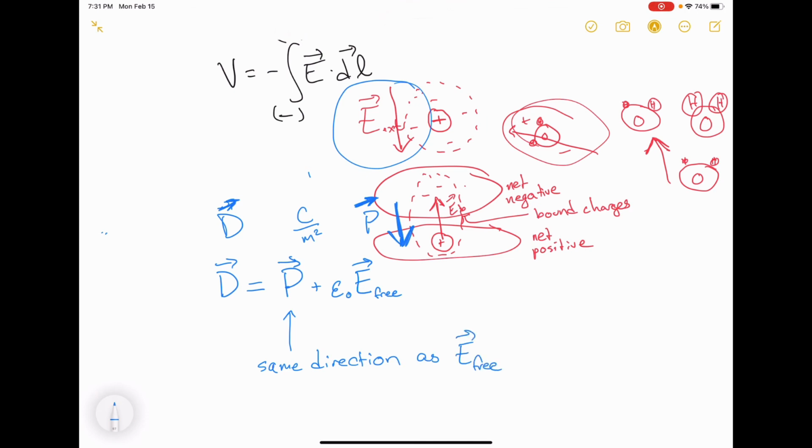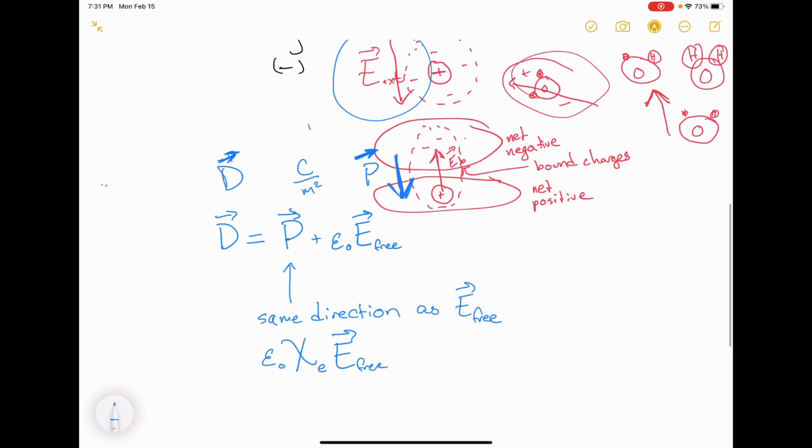And it's proportional, and it's related by epsilon naught times something called chi, times that field. This chi is called the electric susceptibility.